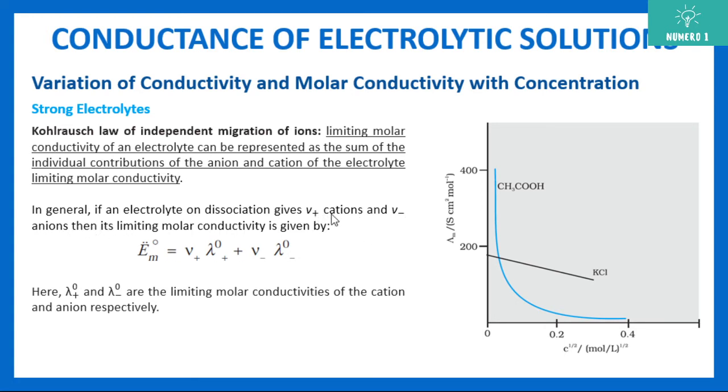Each cation has lambda plus naught limiting molar conductivity, and each anion has lambda minus naught. So the total conductivity, lambda m naught, is equal to the number of cations times the conductivity of an individual cation, plus the number of anions times the conductivity of an individual anion. This is your final limiting molar conductivity, at infinite dilution.